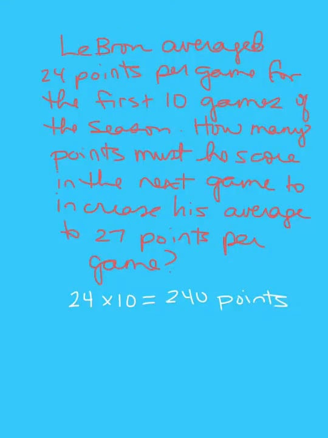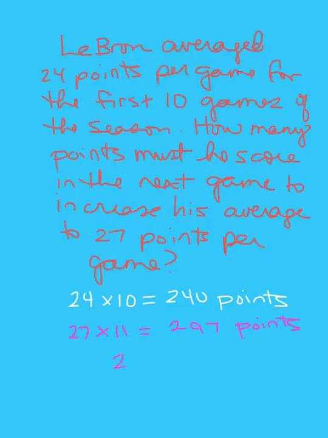Now he may not have done that exactly, but if that's the average, then that's what we're talking about, 24 points each game. Now how many points must he score in the next game to increase his average to 27 points per game? Now if we add another game, remember now he's playing 11 games, that would mean he would need to score 297 points total to increase that average to 27.